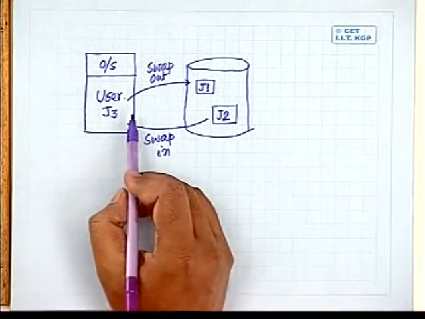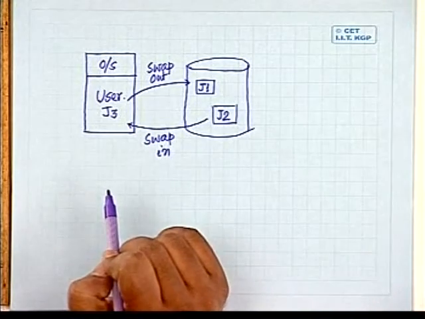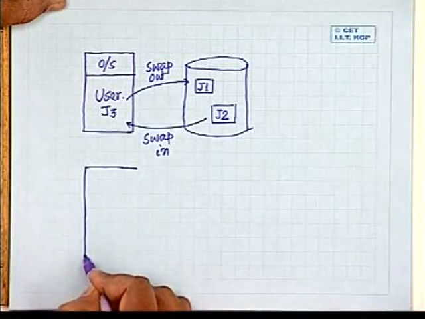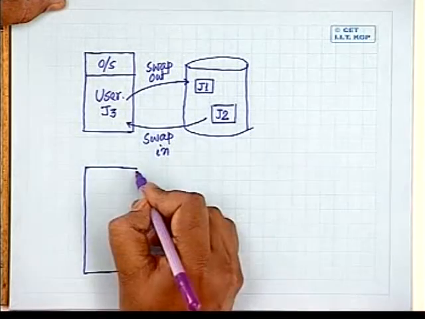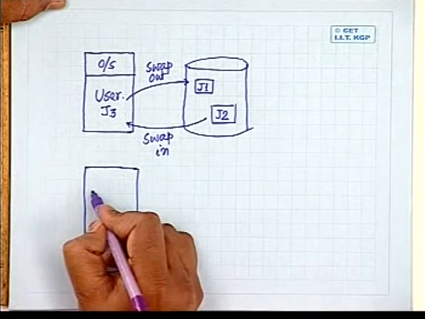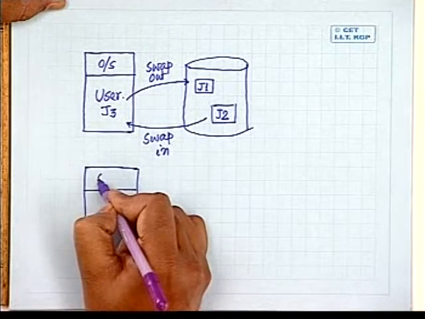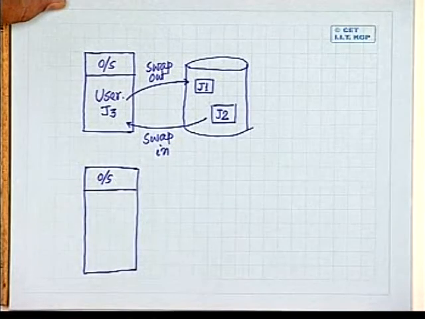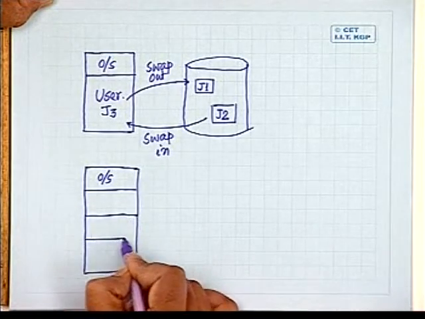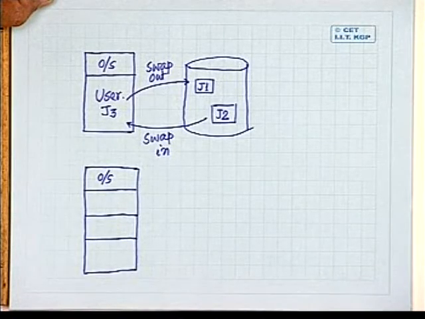Even that problem can be avoided if we can overlap the swap in or swap out operation with the CPU execution. If we want to do that, instead of having only 2 partitions in the main memory, we have to go for more partitions in the main memory. So the next memory model that we can have is something like this. A partition of the main memory is always given to the operating system, and the user area you divide into 3 partitions.